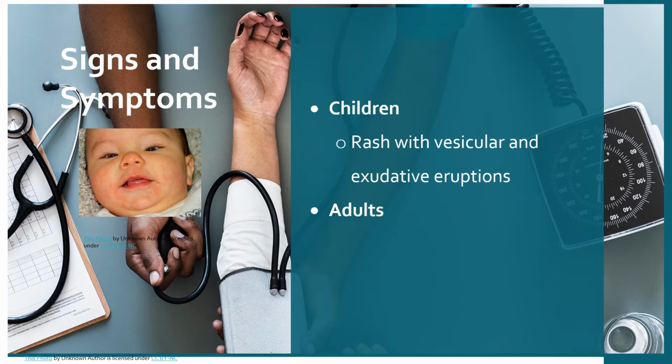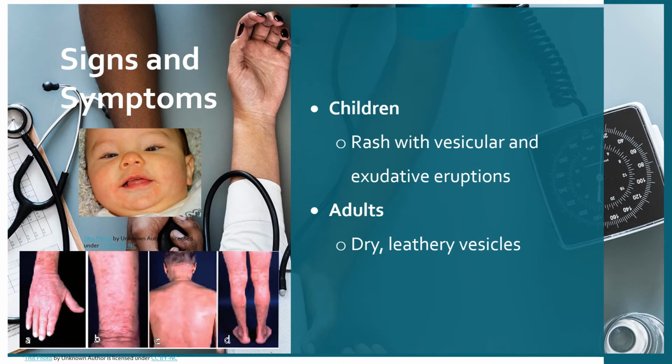It's kind of hard to see in this picture. Going on to the adult picture here, we have dry, leathery vesicles. Here it's a little easier to see. The patches of dry skin on the hands, legs, back, and the back of his legs.